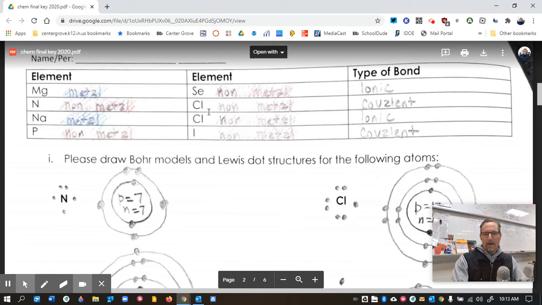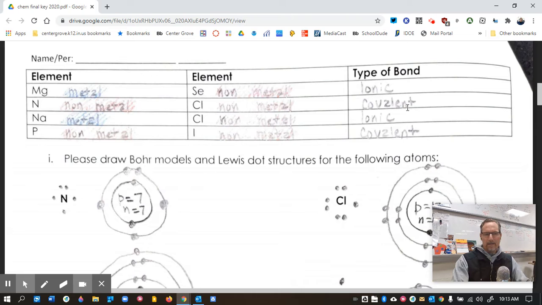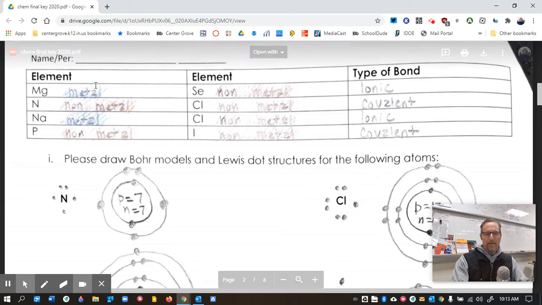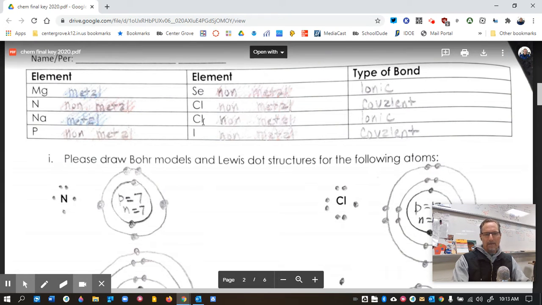So in the example here, I have a metal and a nonmetal, so that's going to be an ionic bond. Here I have a nonmetal and a nonmetal, so that's going to be a covalent bond. Here I have a metal and a nonmetal, so that's going to be an ionic bond. And then if I have a nonmetal and a nonmetal, that's going to be a covalent bond.